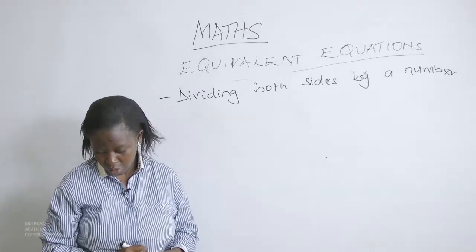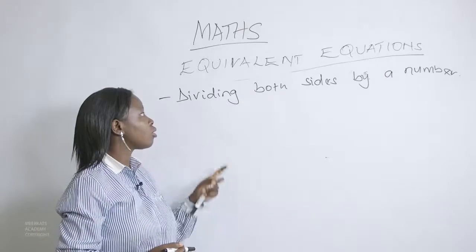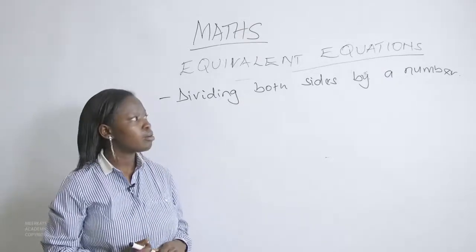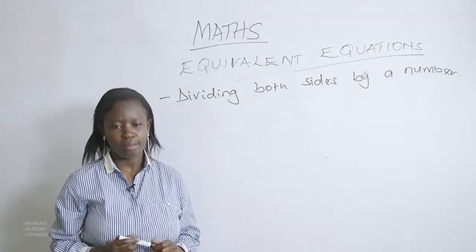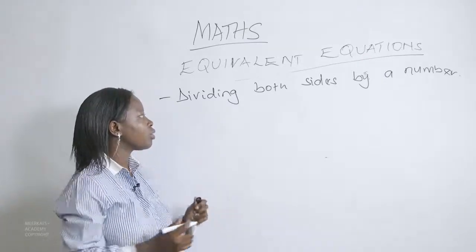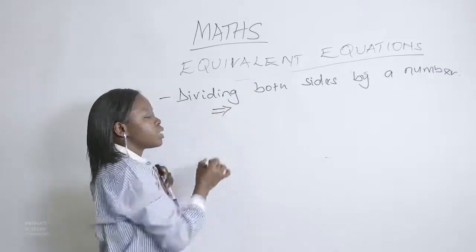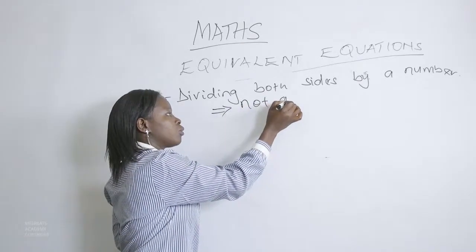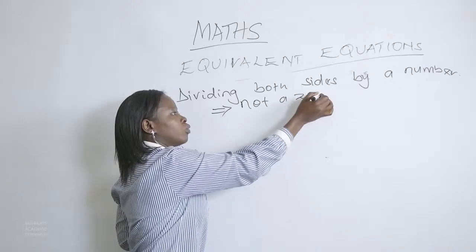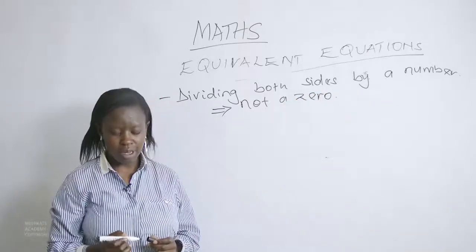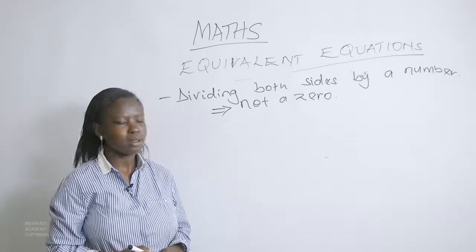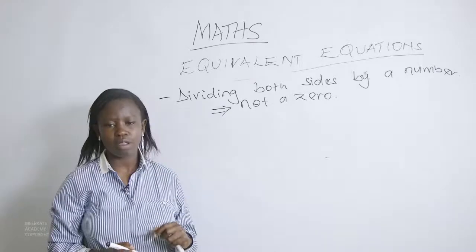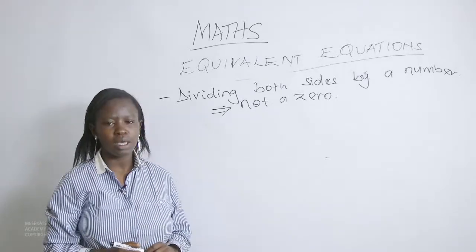Equivalent equations can be obtained also by dividing both sides by a number. And still with the division, we are dividing by a number, and this number should not be a 0. So we are dividing both sides by a number, but the number that we are dividing both sides with should not be a 0.